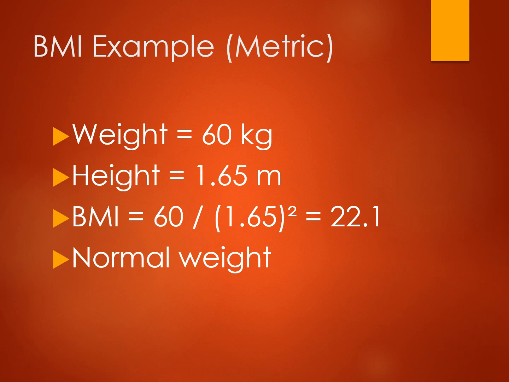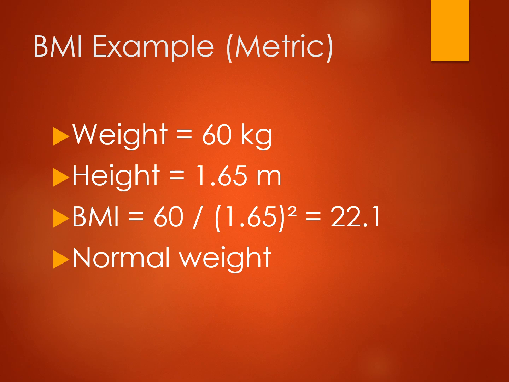So let's assume the patient's weight is 60 kilograms, and the height is given as 1.65 meters. You are asked to calculate the BMI, or you've taken the patient's weight and height and you have these values. Using the formula, your BMI is equal to 60 kilograms over the height in meters squared.